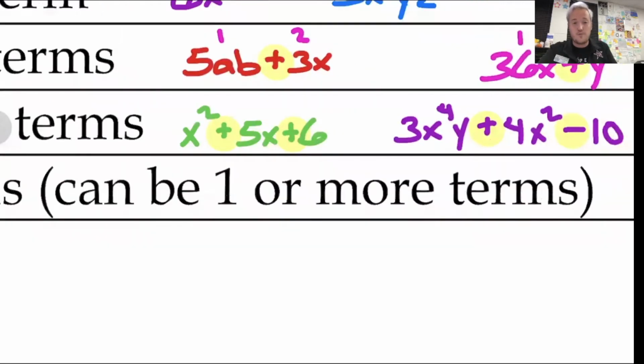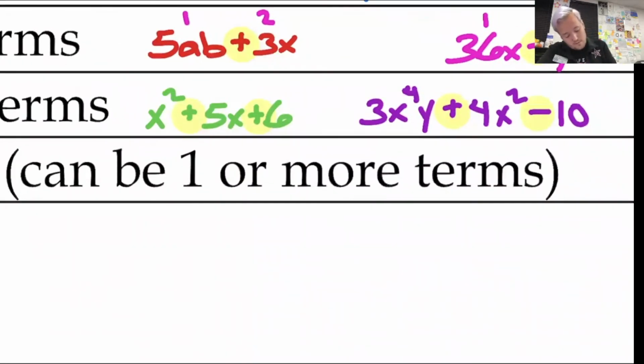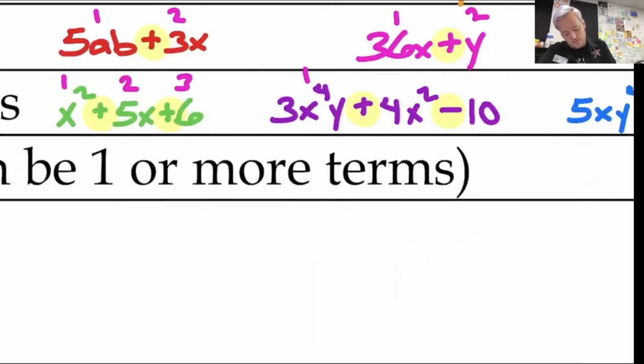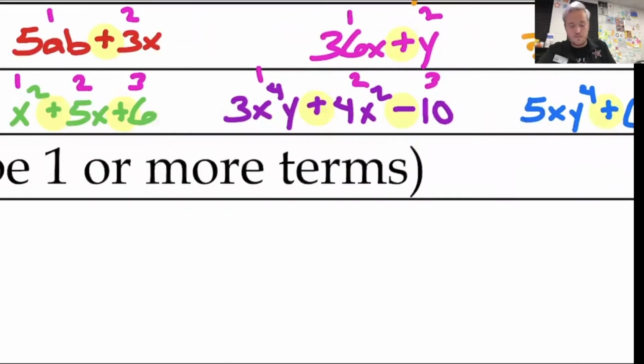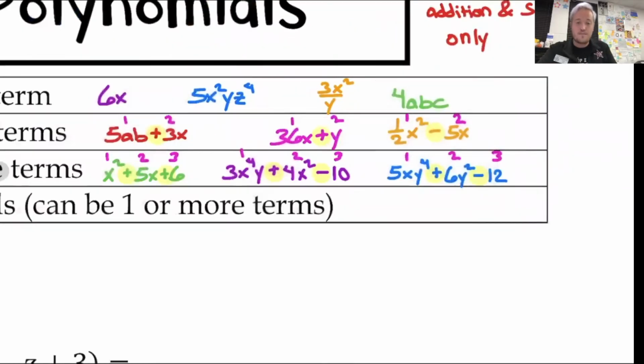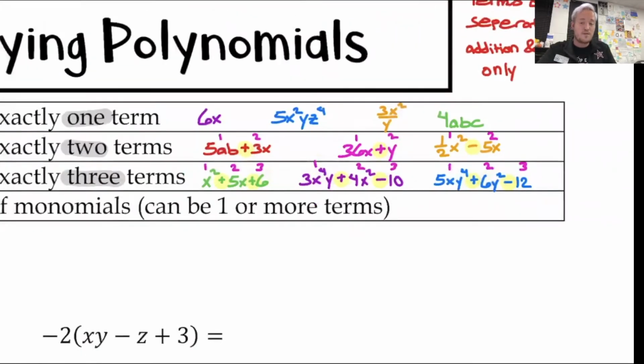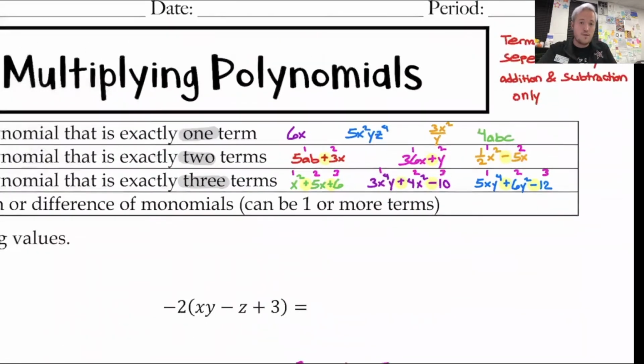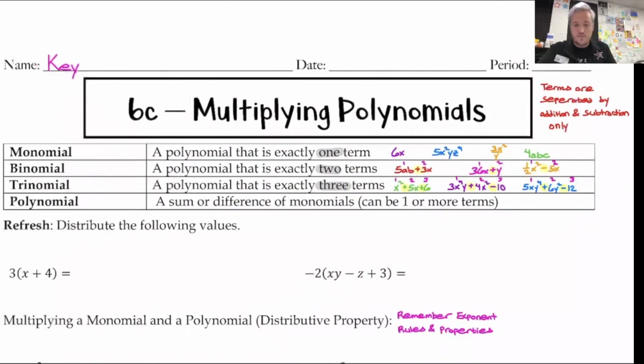If I look at a trinomial, I have my first term, second term, and third term. First term, second term, third term. First term, second term, third term. An all-encompassing name for all of these is a polynomial.